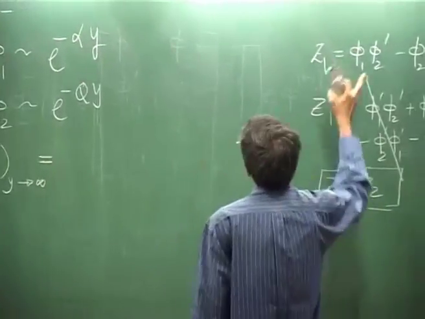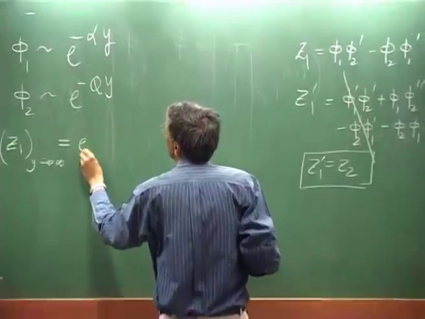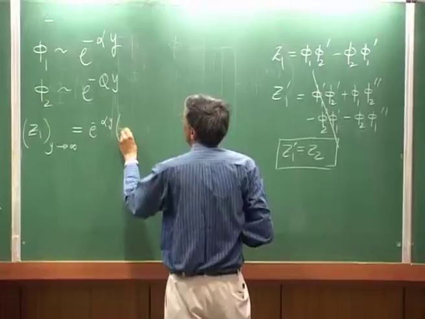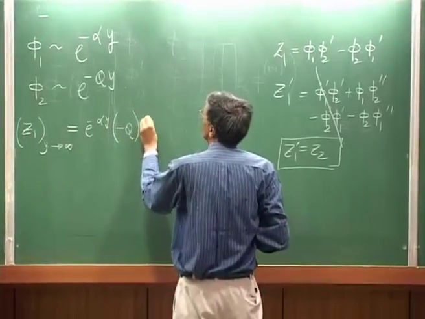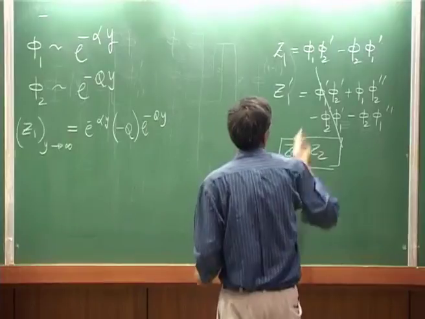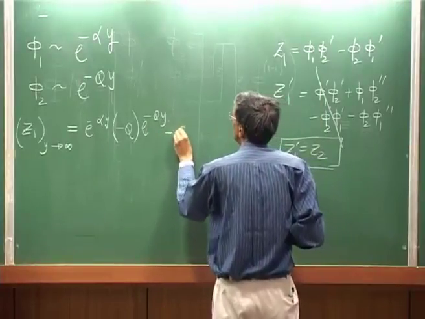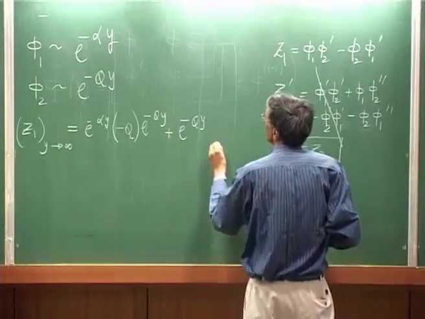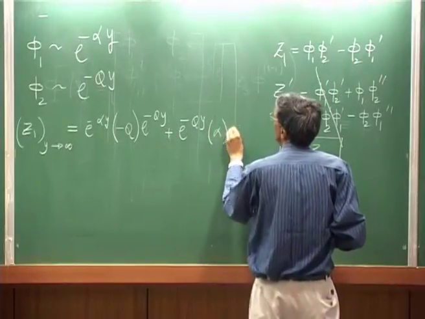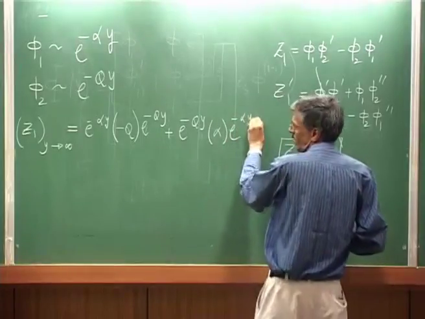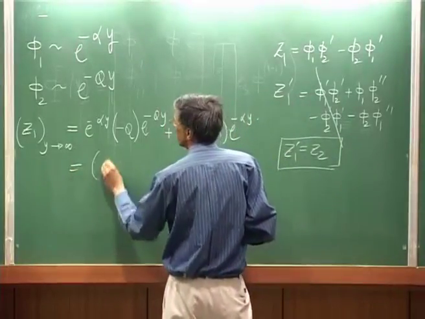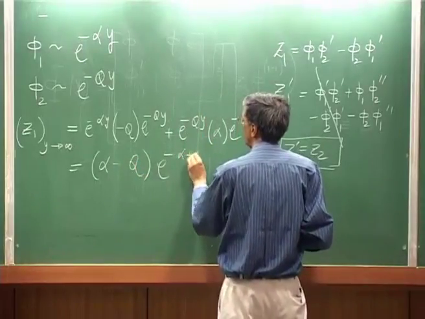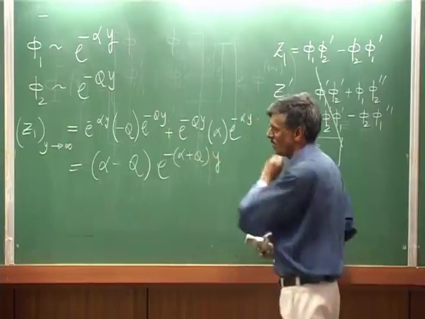We are going to get phi 1 would be something like this, e to the power minus alpha y, and phi 2 prime will give us minus q e to the power minus q y, and if I differentiate it I will get a plus, and I will also get an alpha e to the power minus alpha y. So, this looks like this, alpha minus q e to the power minus alpha plus q y.